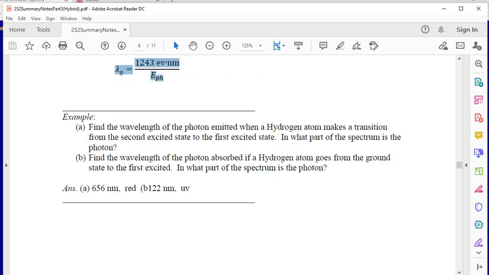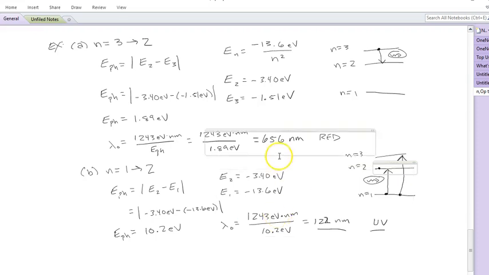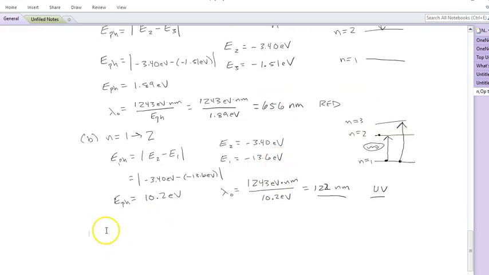So again, that would look something like this. Let's go ahead and do it so you can see what I'm talking about. So if I gave you the wavelength, so if you know that the wavelength absorbed is 122 nanometers, so this is known, the first thing you would do is you would say, okay, and you also know that the ground state energy is, right, n equal 1, the atom is in the ground state.